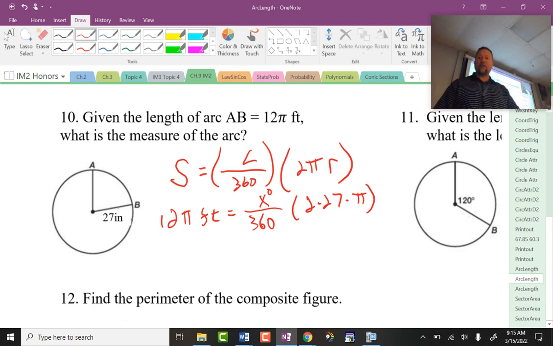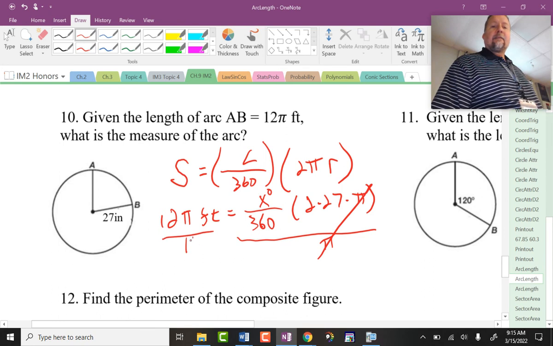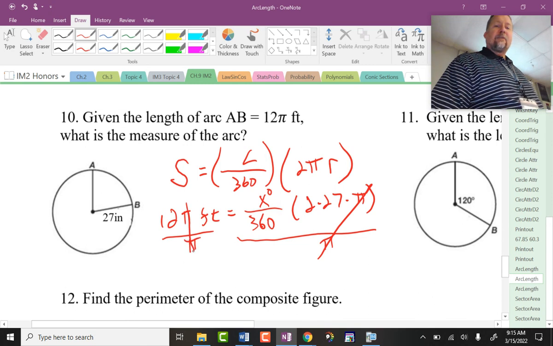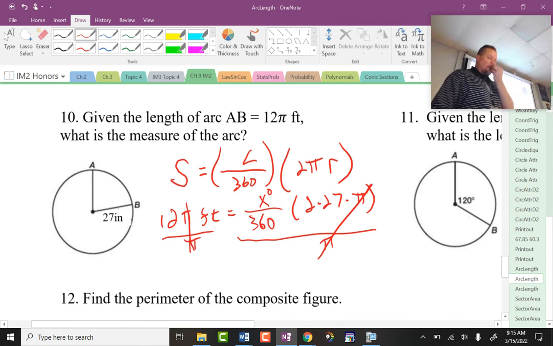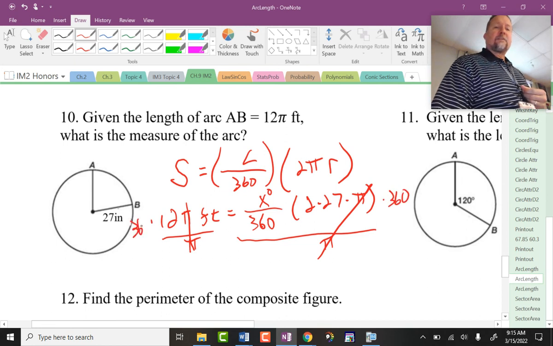Here's the first thing I would do. I divide by pi, both sides. Just get rid of that. Whatever you do to one side, do to the other. Then the next thing I would do is multiply by 360. That's the opposite of division. I take care of these two things at once.